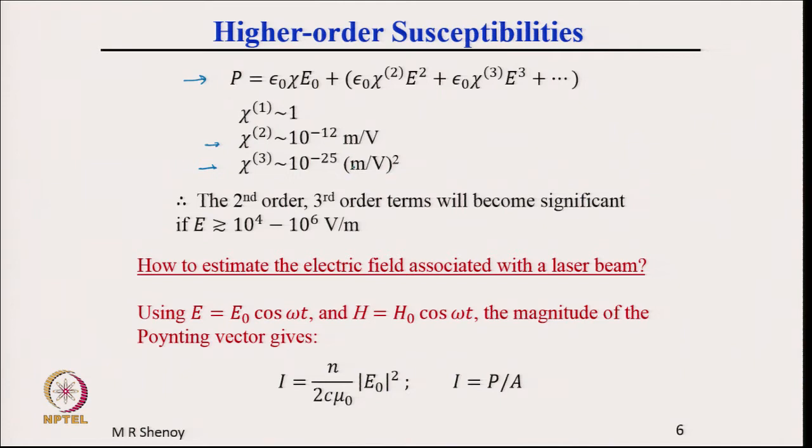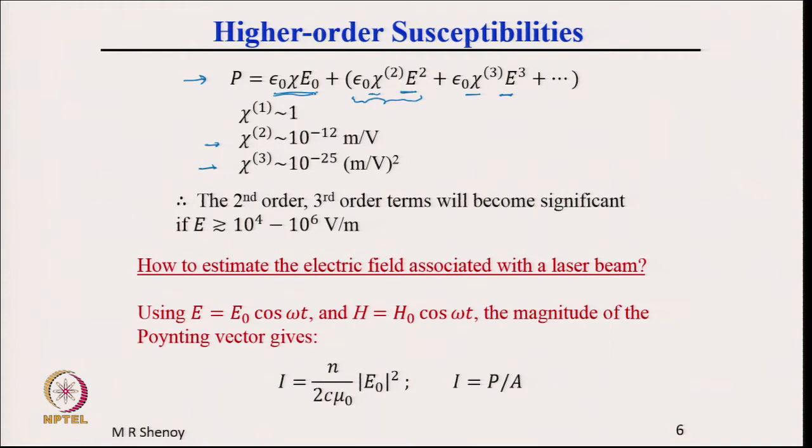But note that the chi 2 goes with E square here and chi 3 goes with E cube here. Therefore, if E is sufficiently large, then only this term becomes significant. E square into chi 2, then only this term can be comparable to the first term.